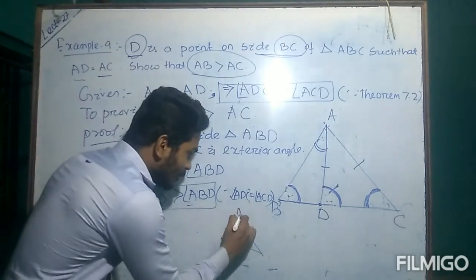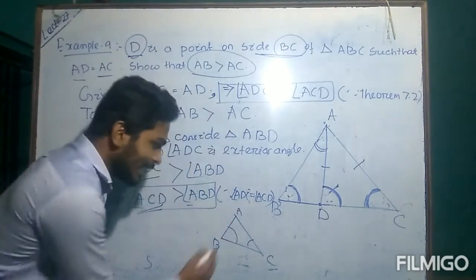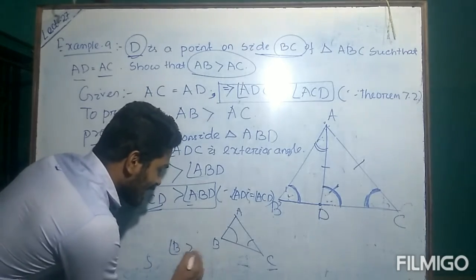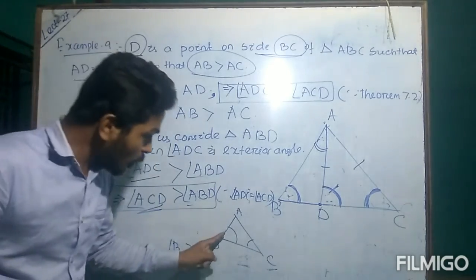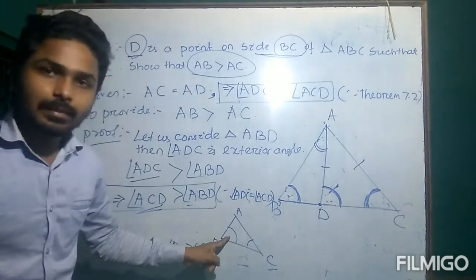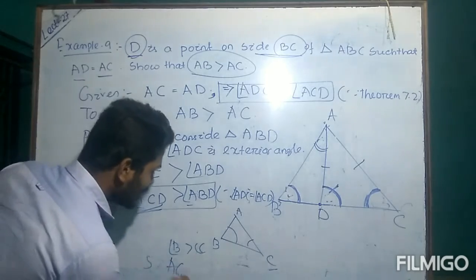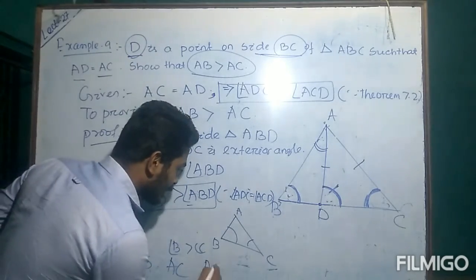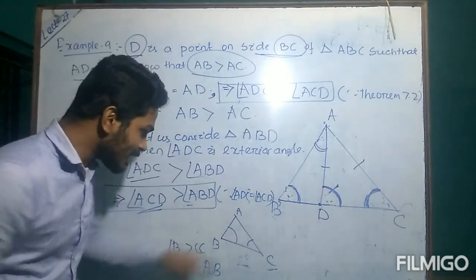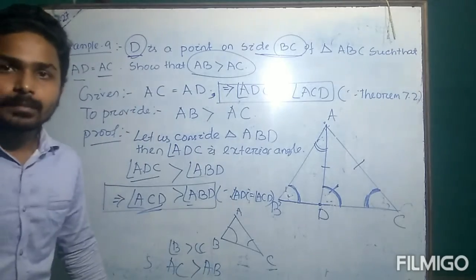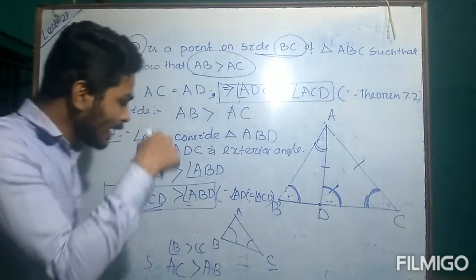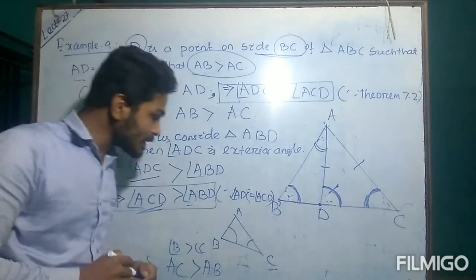Okay. So here for the triangle ABC, if angle B is greater than angle C, then the opposite side of the larger angle is AC and the opposite side of the smaller angle is AB. Then the opposite side of the larger angle is greater. We have understood it. We have solved it in theorem number 7.7.